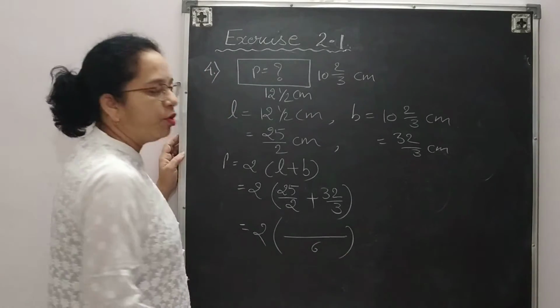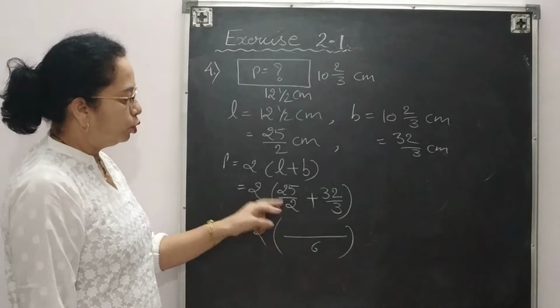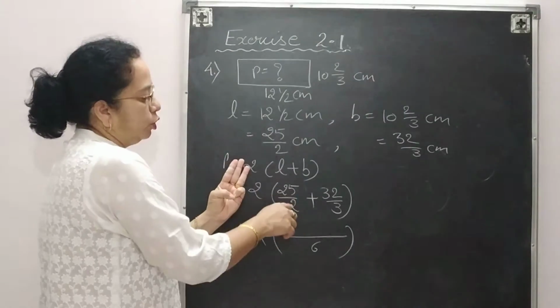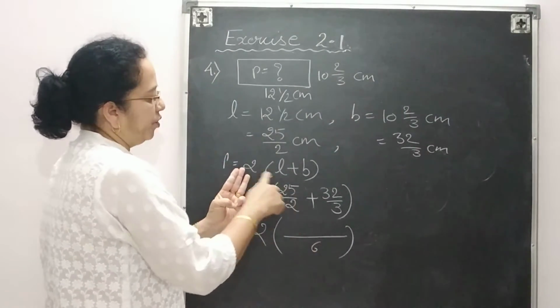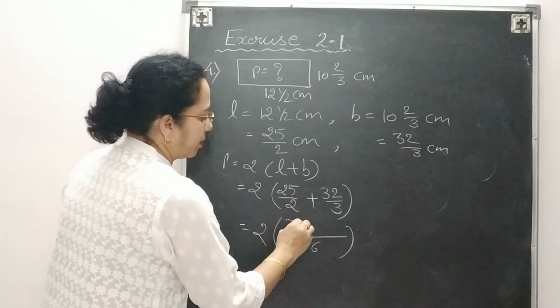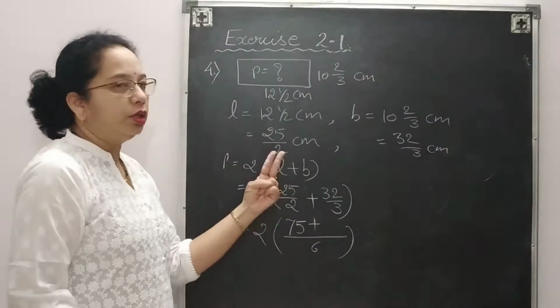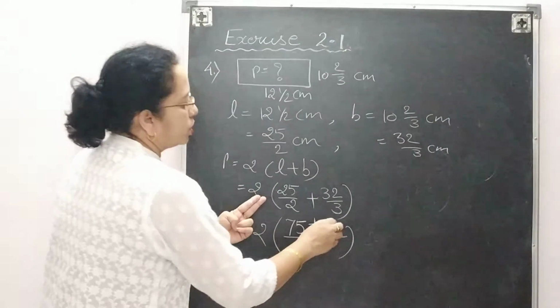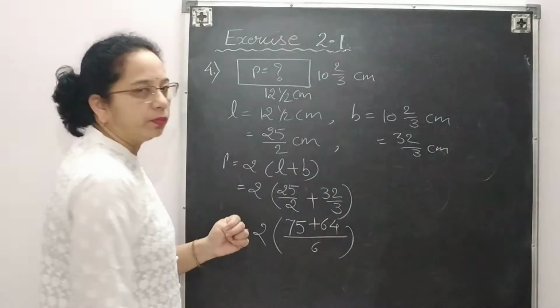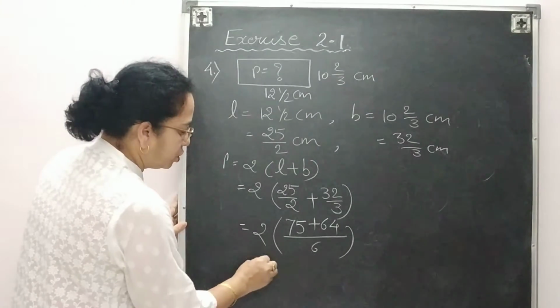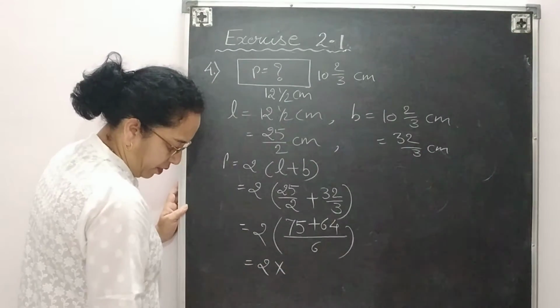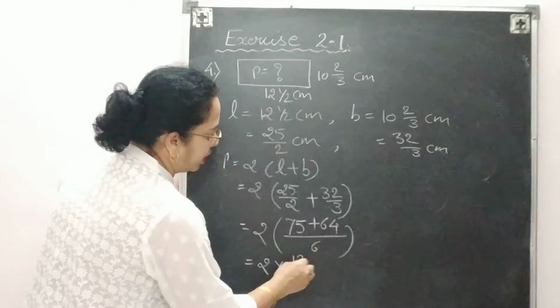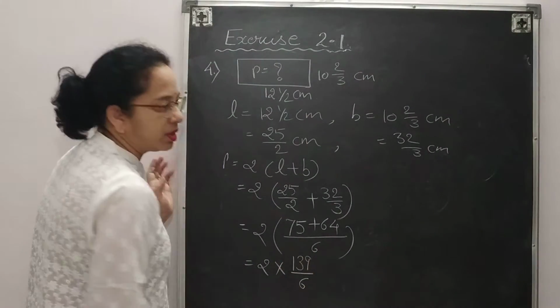What is the LCM of 2 and 3? 6. So 2 3s are 6. 25 3s are 75. 3 2s are 6. So 32 2s are 64. Now you can add these two numbers 75 and 64. If you will add, you will get 139 upon 6.